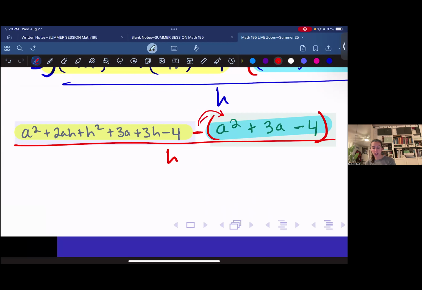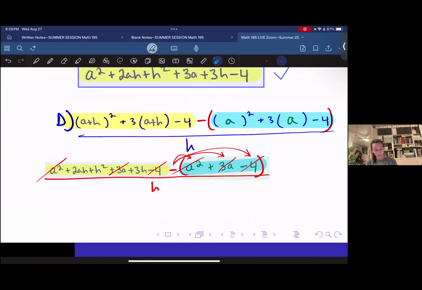When we distribute that negative, we can easily see that our yellow a squared and our blue negative a squared cancel out. Our yellow positive 3a and our blue negative 3a cancel out. And then our yellow negative 4 and blue positive 4, after the distribution, also cancel out.